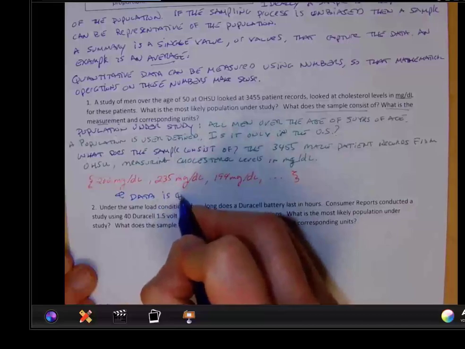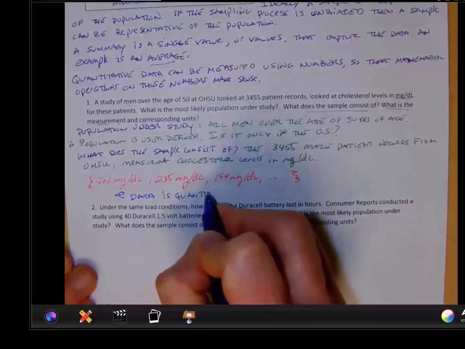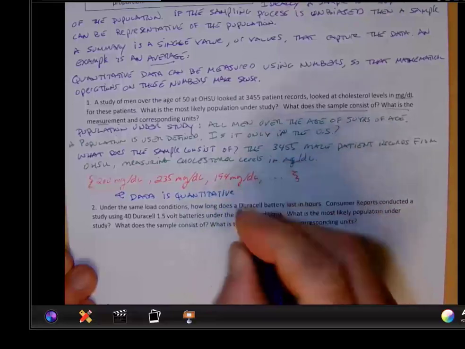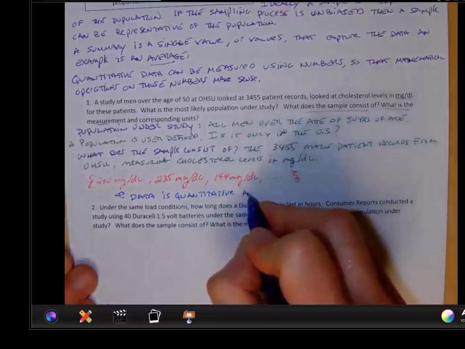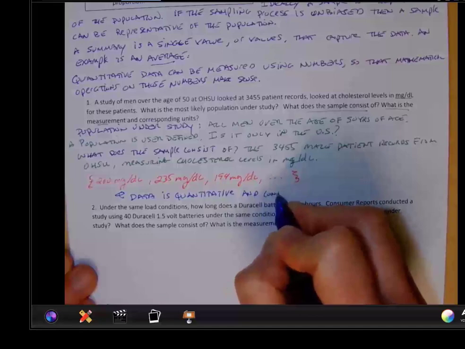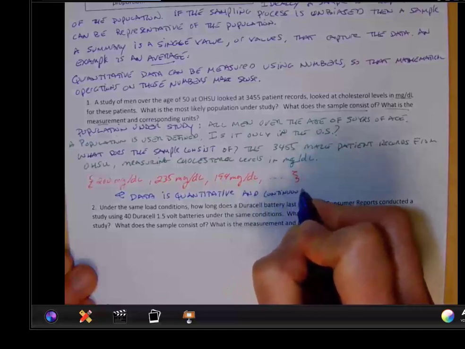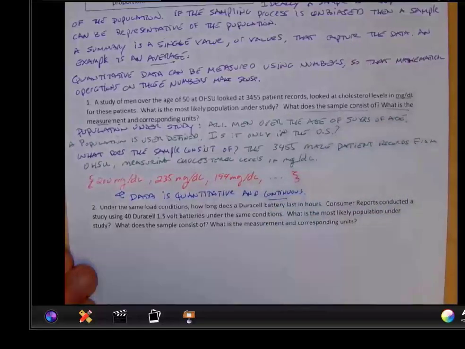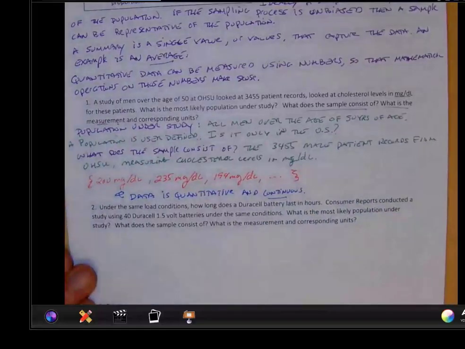is quantitative, and I'm going to throw in a little bonus here, and continuous. And again, what does it mean by continuous? Meaning this, that all our instruments, of course, can only read a finite amount.